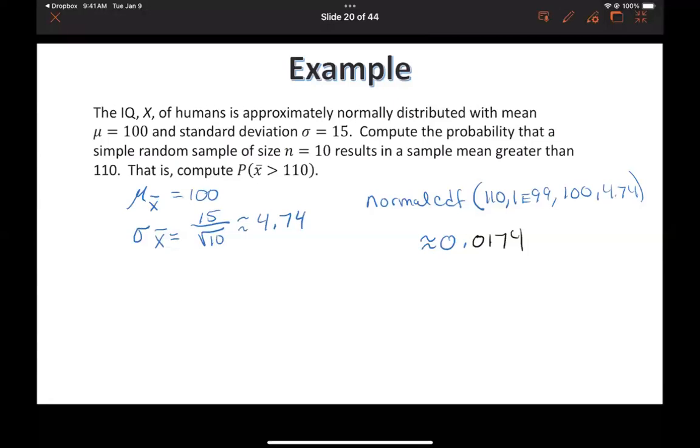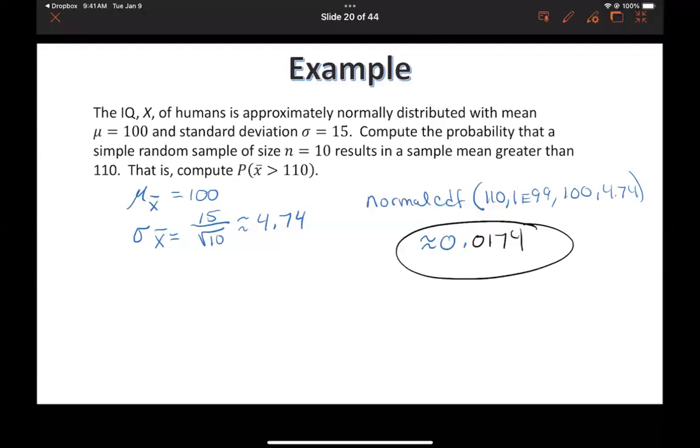So, would this be unusual? Would it be unusual to get a sample of size 10 with a mean of 110 or greater? Would that be considered unusual? I think it's no. Okay, so what is the percent cutoff for unusual?